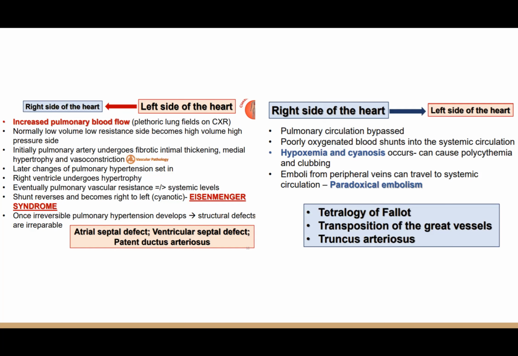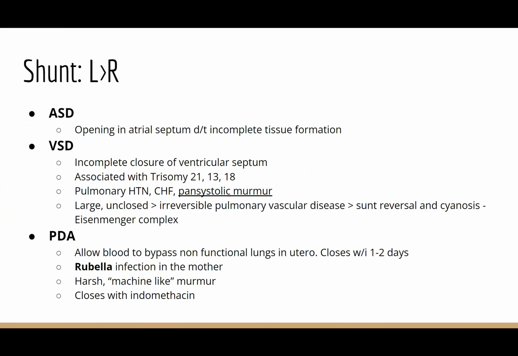But then with right to left shunts, this is where you're getting the hypoxia and cyanosis, because you're bypassing that pulmonary circulation. So for left to right shunts, you have the ASDs, which is an opening in the atrial septum. VSD is incomplete closure. Big thing here, it's associated with the trisomies, so 21, 13, 18.